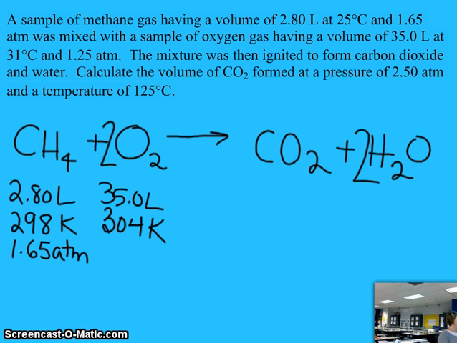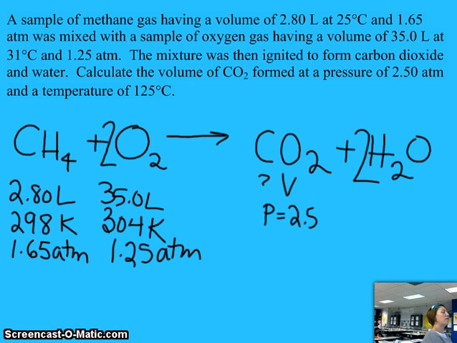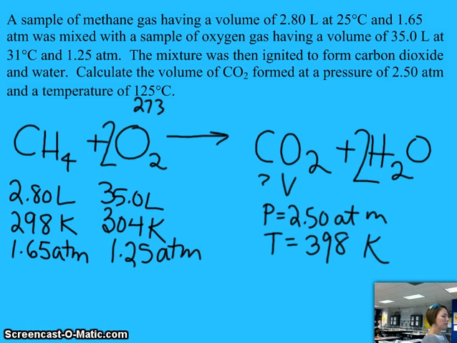Kelvin and 1.25 atmospheres. We ignite it, we make carbon dioxide and water. They want to know the volume of this if the pressure is 2.50 atmospheres and the temperature is 125 Celsius. So that's what, 398 Kelvin.